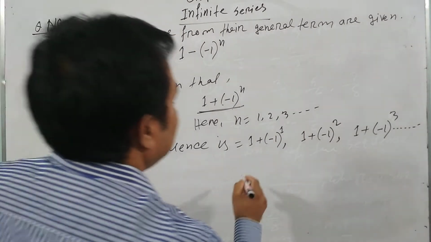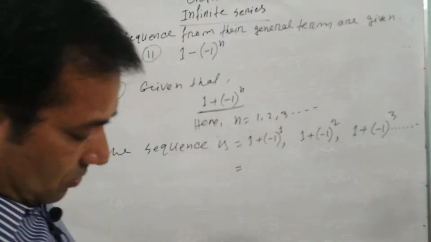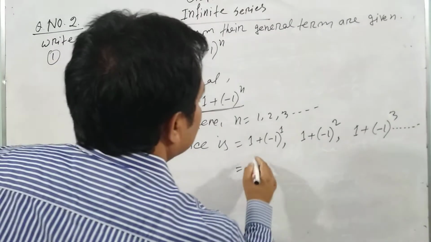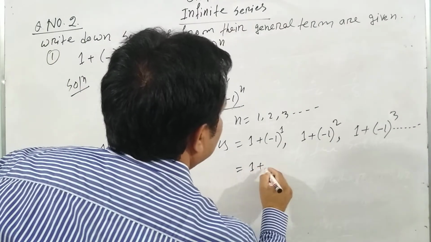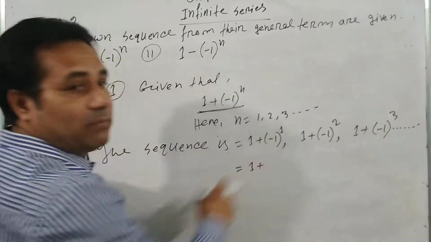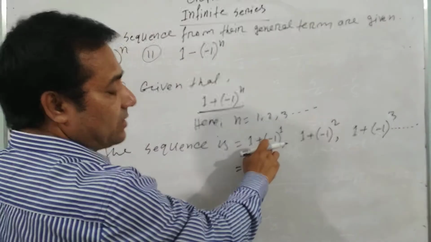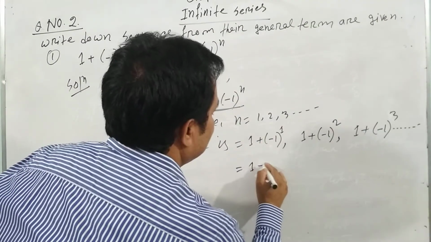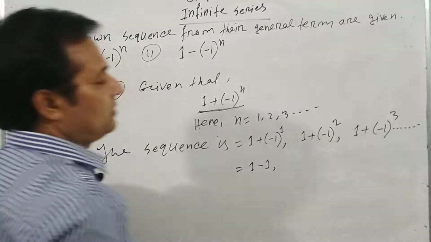Okay, here we calculate this problem. 1 plus minus 1, here the power is an odd number, so the sign is negative, 1 minus 1.